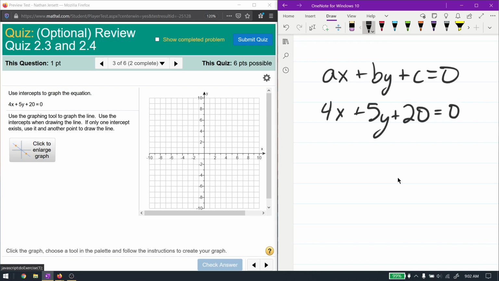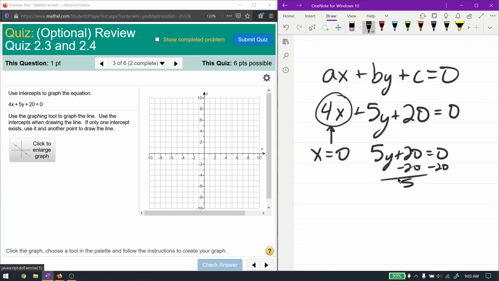The intercepts are just 2 points, and all you need is 2 points on a line to graph a line. So really all we need to do is figure out, when is x equal to 0? If x equals 0, what does y equal? That's the first step. This thing becomes 0, so it just goes away, and we get 5y plus 20 equals 0. I'm going to subtract 20 and then divide by 5. That gives me y equal to -4.